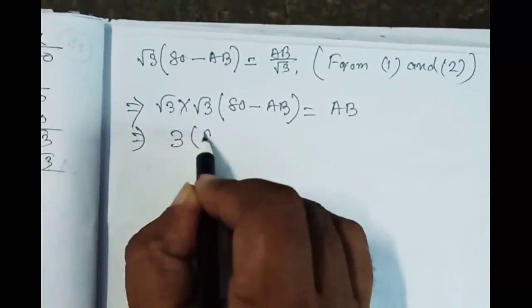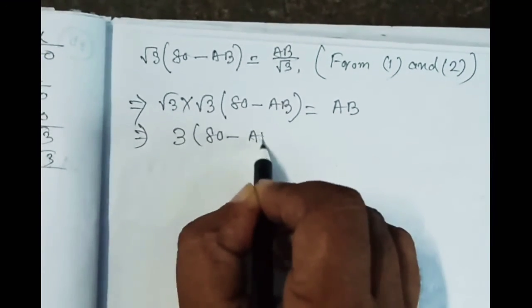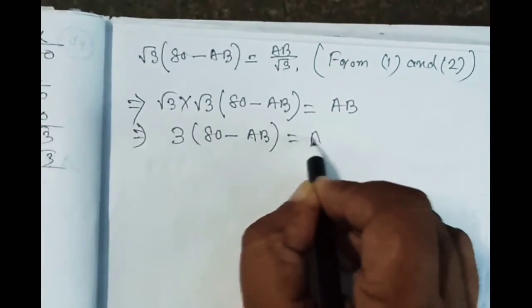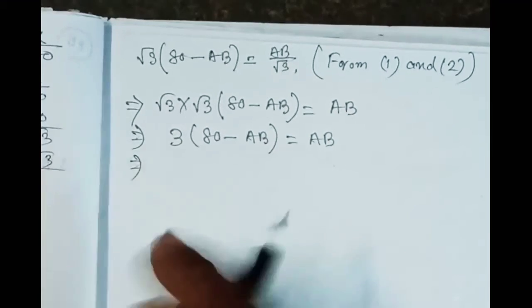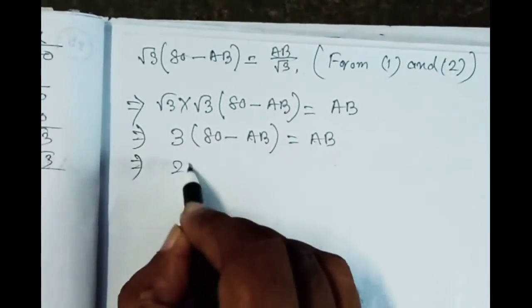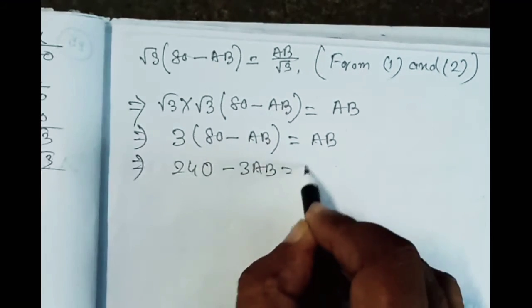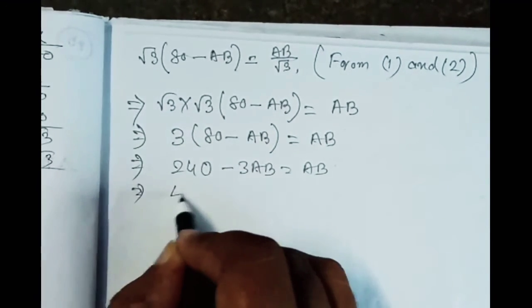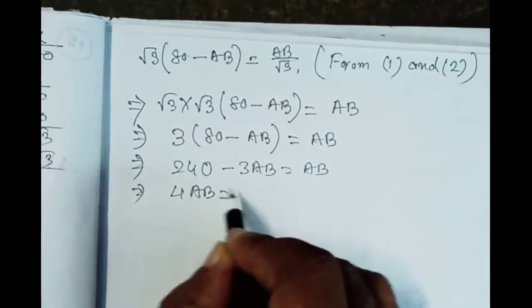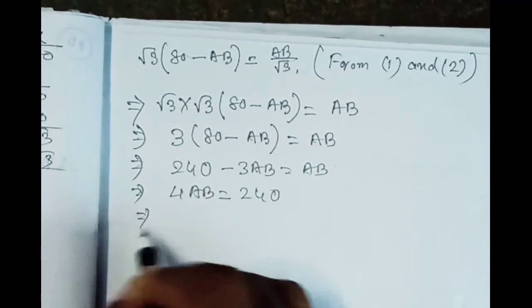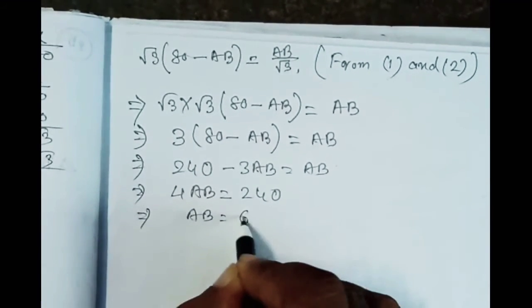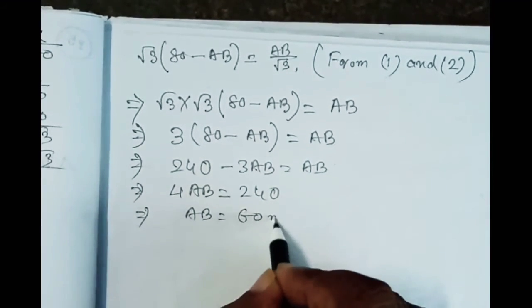This is 3 into 80 minus AB, that equals AB. This equals 240 minus 3AB, that equals AB. So 4AB is equal to 240. So AB is equal to 60 meter.